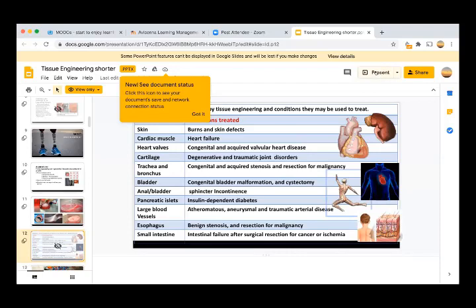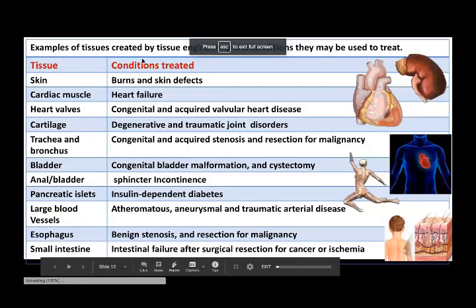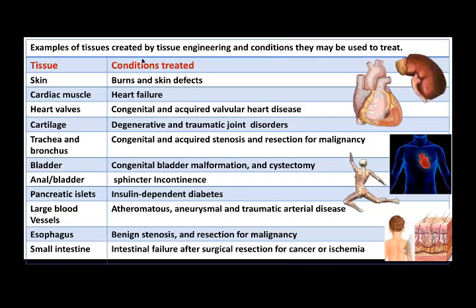I believe we looked at this slide, right? In this slide, it's highlighting all the tissues, taking examples of tissues that are created by tissue engineering, and then how they can be used to treat skin, obviously, genetic conditions of the burns and skin defects, cardiac muscle, patients that have suffered from heart failure. Yeah, more specifically, heart valves.